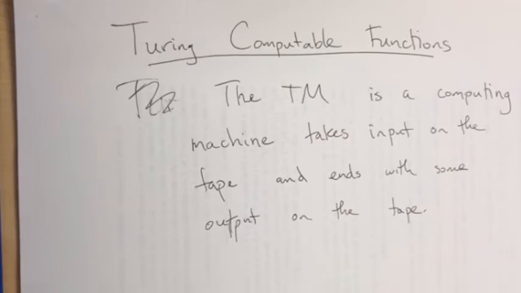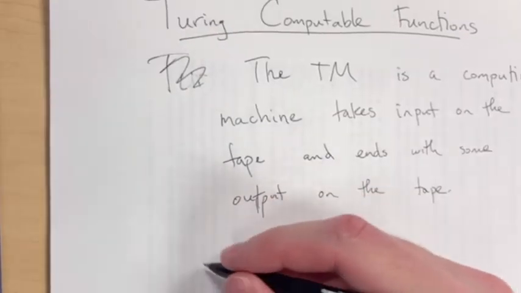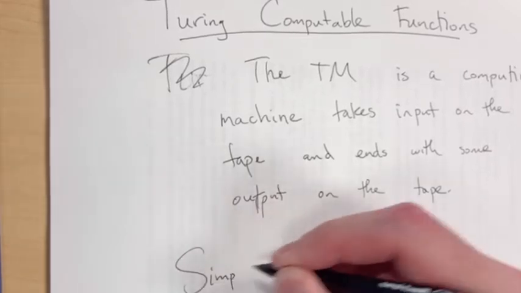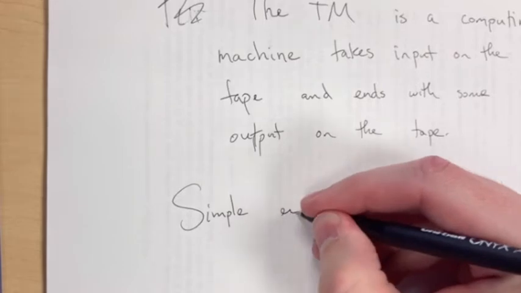But I'm going to talk about machines which are specifically designed to have some kind of interesting result on the tape at the end. The way the machine works is the same. It's just a very different way of looking at it and what it is used for. So here is a very simple example of what I mean.